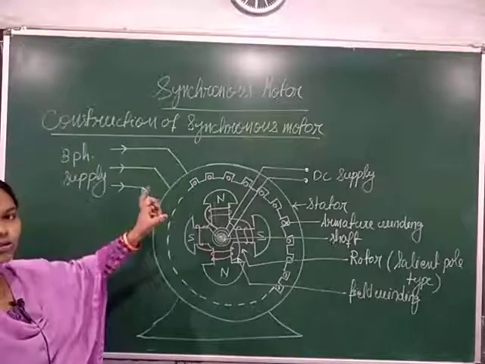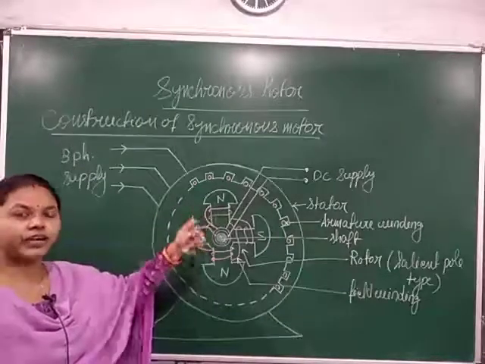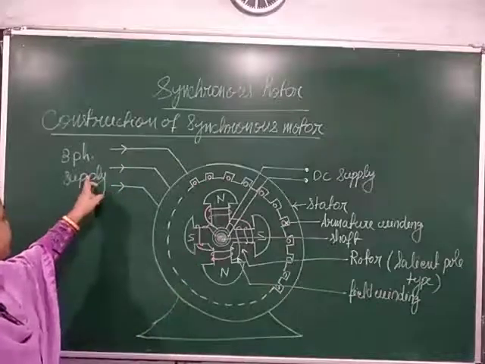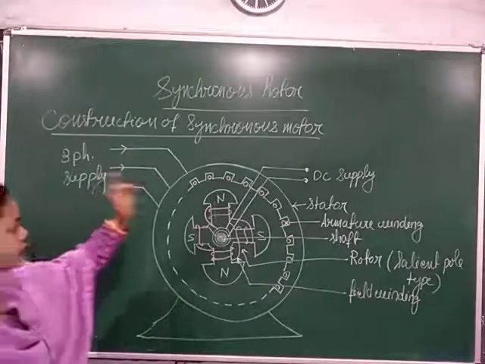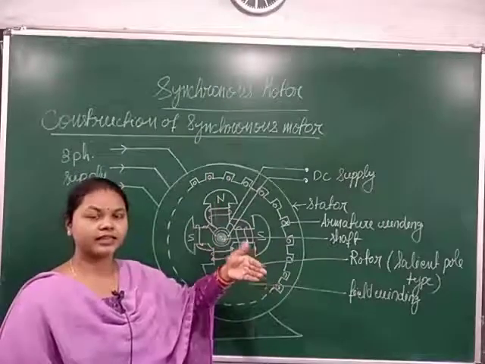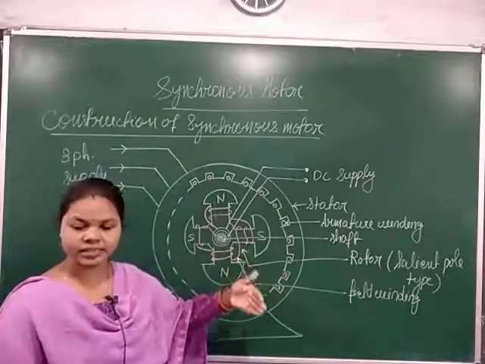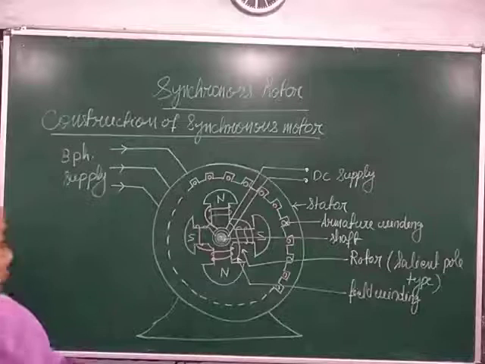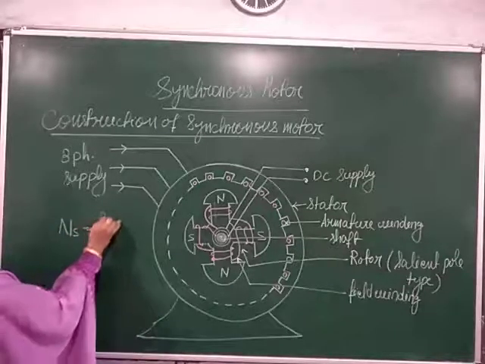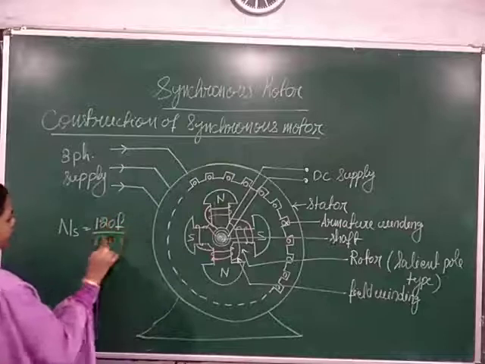The stator is not rotating, but the magnetic field created by this three-phase supply in the armature conductors rotates synchronously, that is, at synchronous speed. What is the synchronous speed? Synchronous speed is equal to 120f by P.